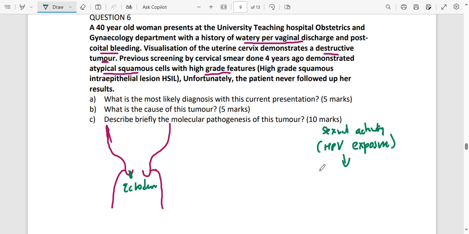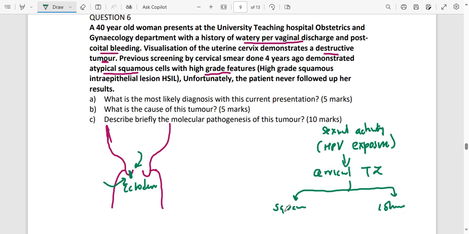I'll put TZ. And then what is going to be the effect of that? Remember, inside here you have got columnar epithelium, outside here you have got squamous. Depending on which epithelium you're affecting, if you affect the squamous epithelium, it is going to give you some problem. If you affect the endocervix, because the endocervix has got columnar epithelium, right?